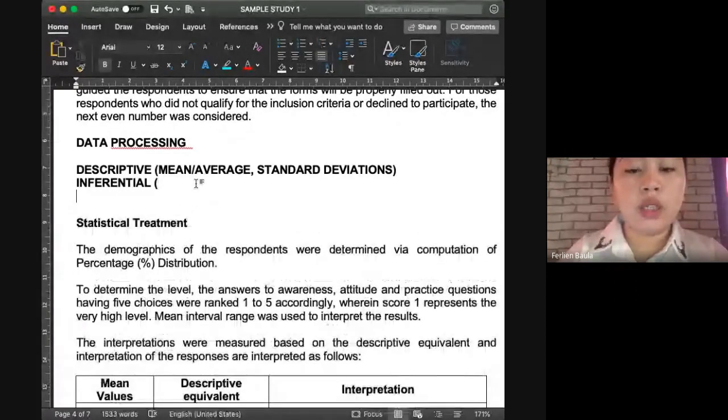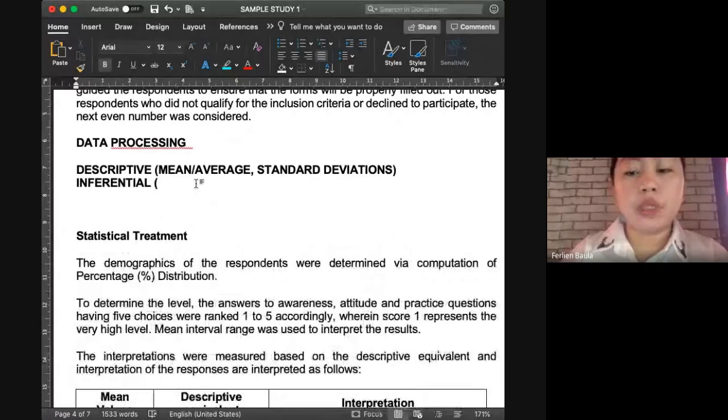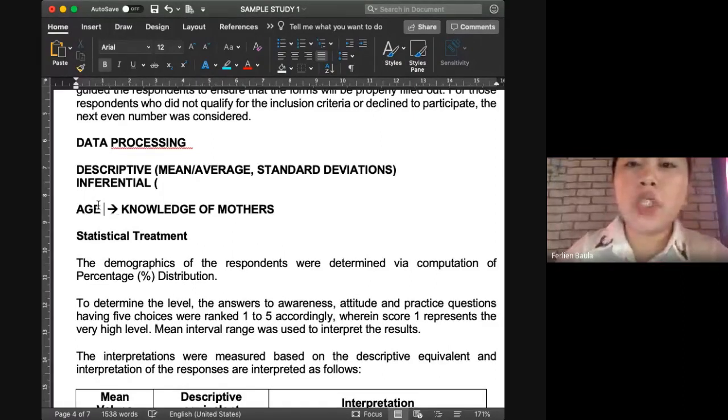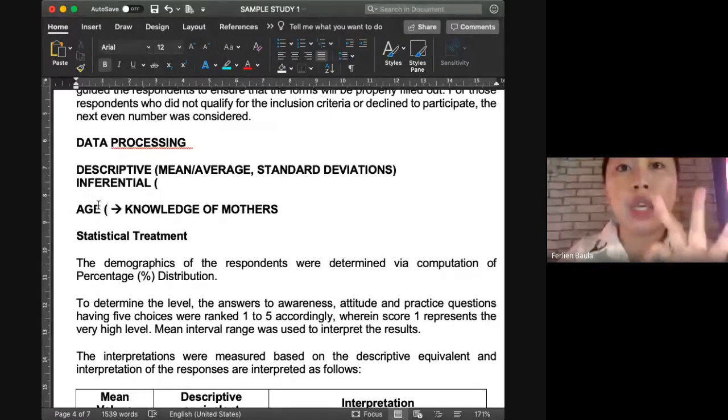I-type ko ha. So, for example, age. Tapos, gusto nyo malaman anong effect ni age sa knowledge of mothers. Okay. Si age class, isa siyang demographic element. Pero, pwede siyang may subgroup. Pwede nyo siyang i-divide into 2 or into 3.